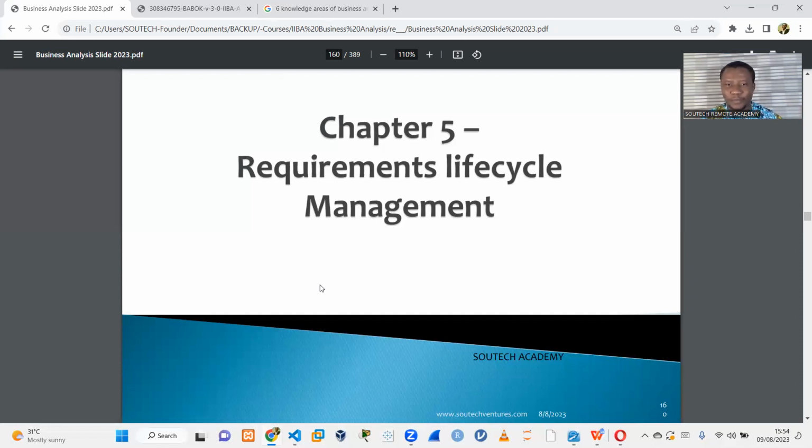So the point is that your requirements are going to change. Here, we are learning as business analysts, how do we not just elicit the requirement, how do we manage the requirements from start to the end of the project?